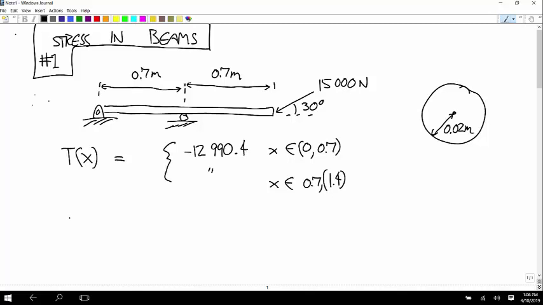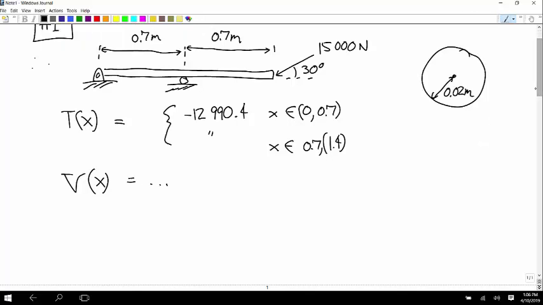Okay, and then the shear force. Well, I guess we don't even care about that. We don't know how to calculate the stresses yet for that. We don't care about the torque. There's no torque. And then what's the function for the bending moment? That's going to be two different ones.